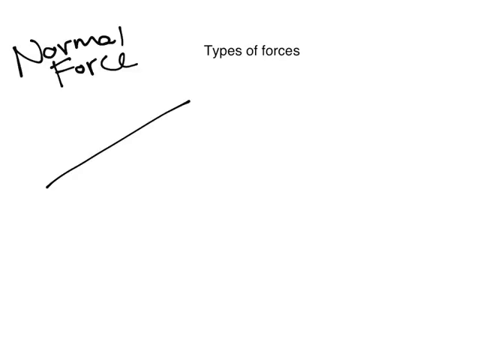So we're still on normal force. However, let's say it's on some inclined plane, like a wedge. We still have a book, which looks a lot like a block on it. Normal force can only be perpendicular, at a right angle to the surface of its plane. This is our surface, here's our right angle.